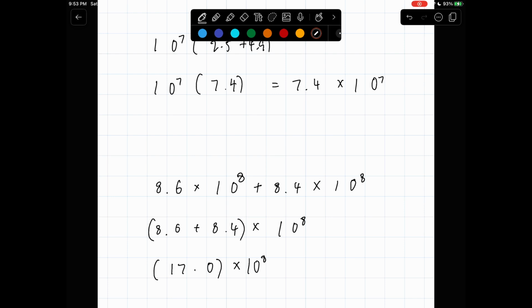So what we have to do here is move the decimal point forward and you will get 1.7. Then you think, for me to get 17 from 1.7, I have to times it by 10 to the power of 1. Correct. Times 10 to the power of 1. Now is where you times 10 to the power of 8 at the back.